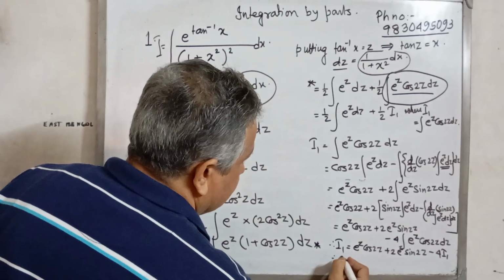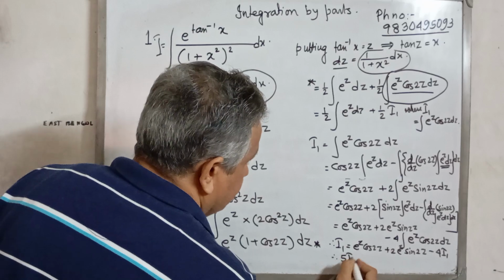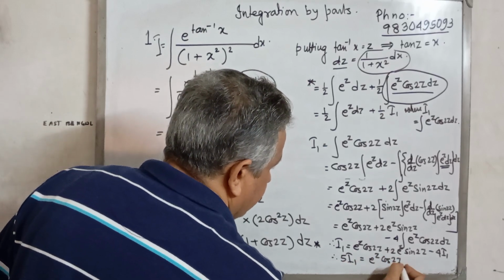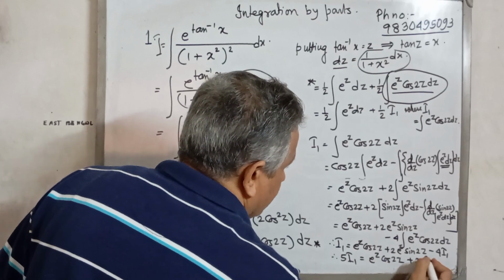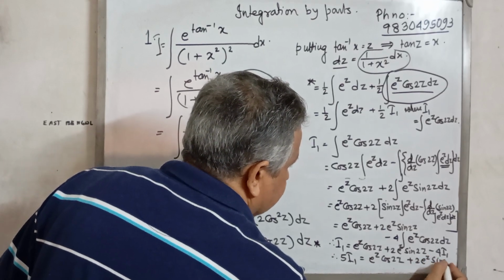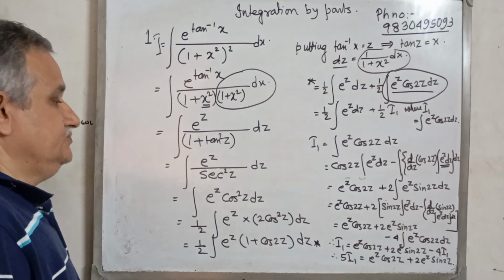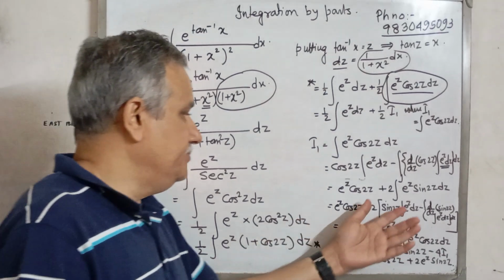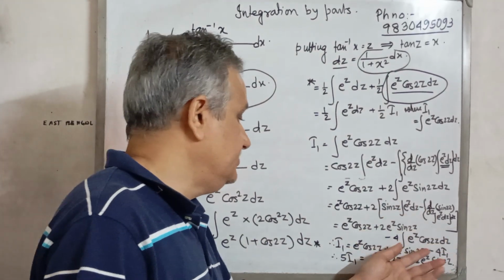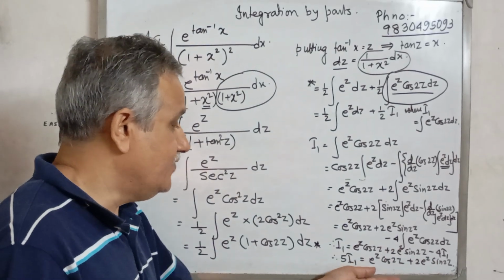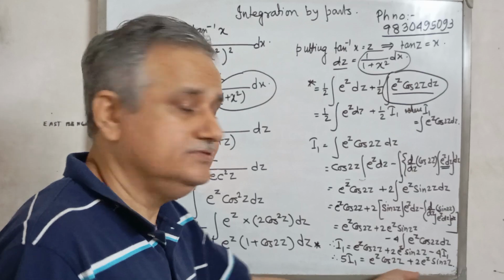So it becomes 5 I1 is e to the power z cos 2z plus 2 e to the power z sin 2z. Okay, this becomes again by parts, and we will get this result. So from here we can write I1 is 1 by 5 of that.